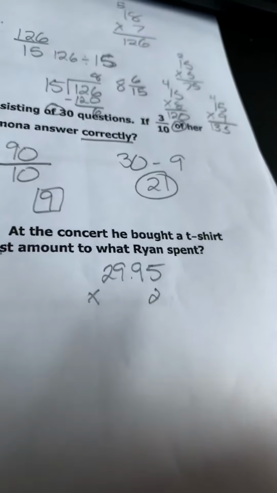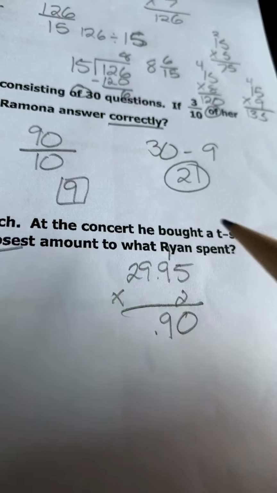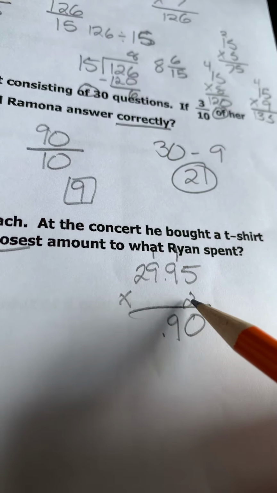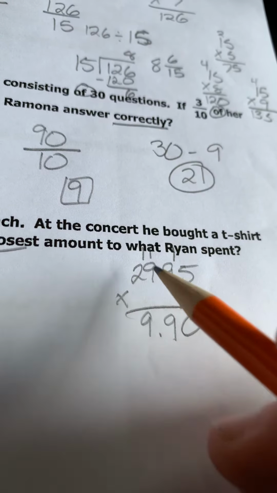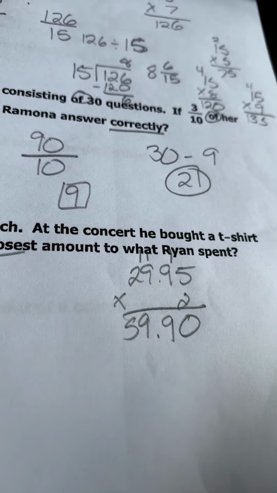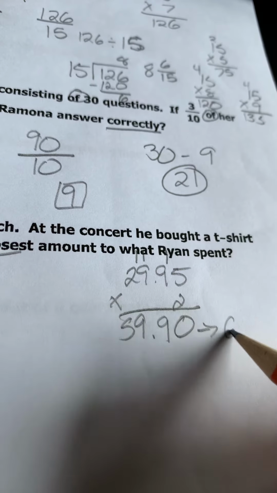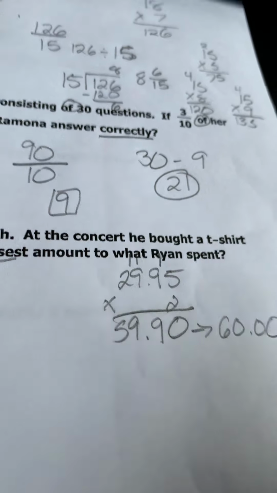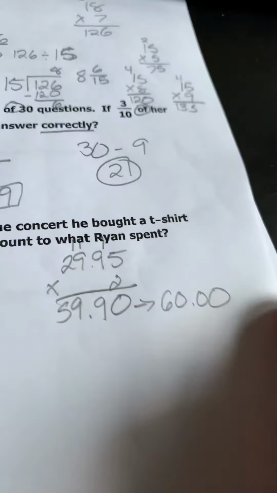Times 2. 9 times 2 is 18, plus 1 is 19. So $59.90. Okay. I'm going to go ahead and round that to $60.